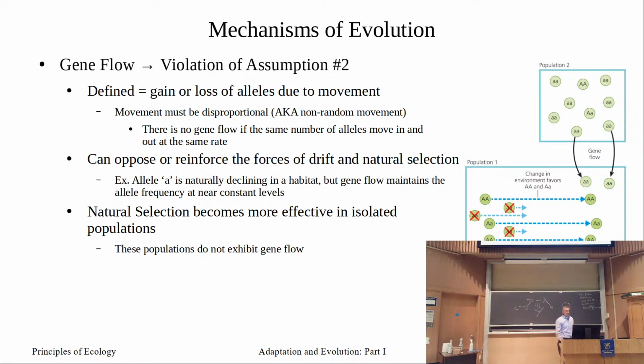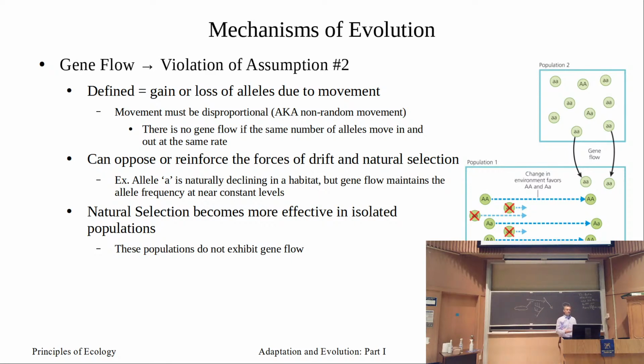I'm going to note that this is important in isolated populations. So in populations that are isolated and not near any other populations of its species, you're not going to have this gene flow. And if you're not going to have this gene flow, then when selection acts, it's not going to be opposed or reinforced by gene flow. Gene flow is not occurring.